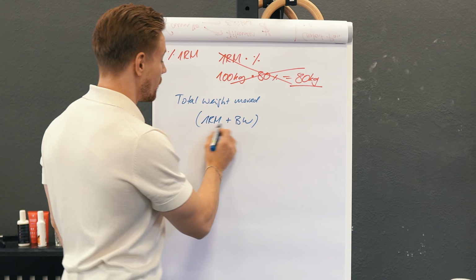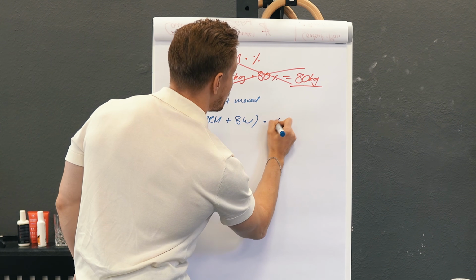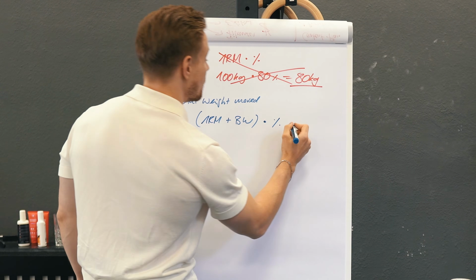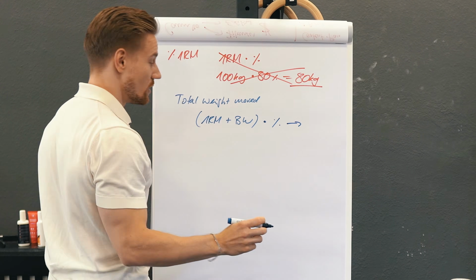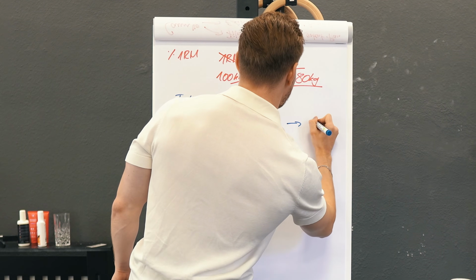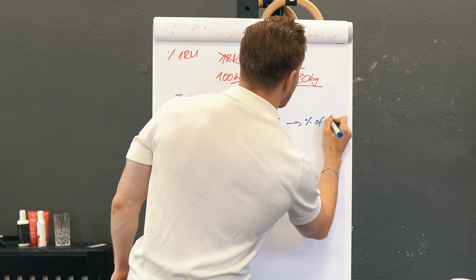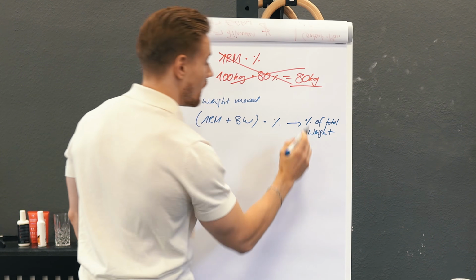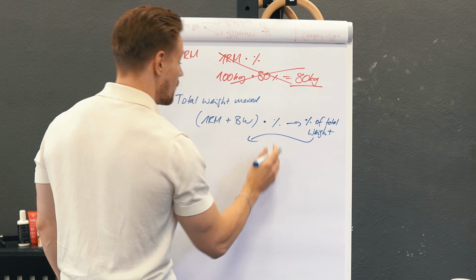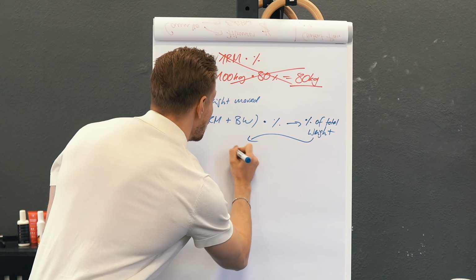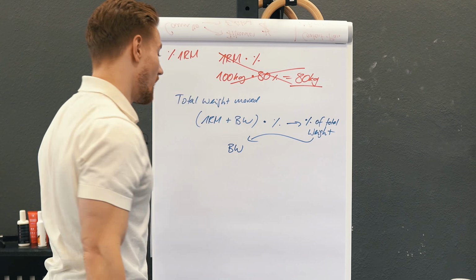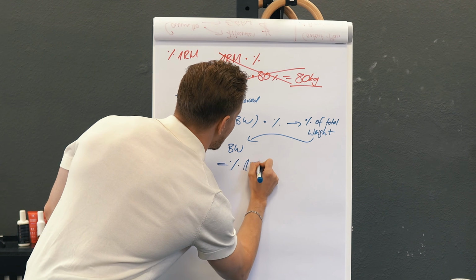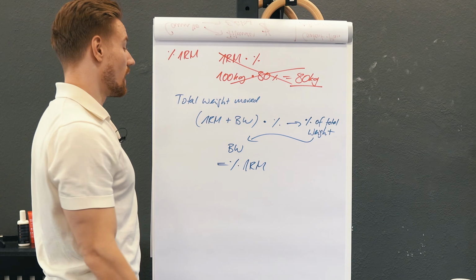With both values, we can then multiply that by the percentage, and then we get a value which gives us the percentage of the total weight, and that value we just subtract our body weight from to get the percentage 1 RM value that we want to have.